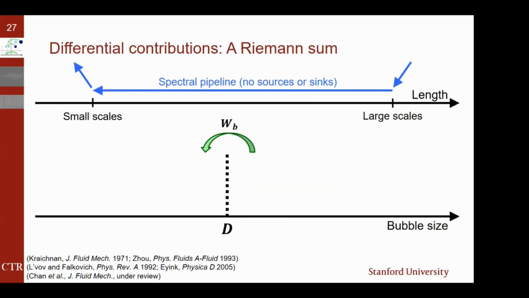So what we can do is decompose this flux into its differential contributions, into a Riemann sum. So going back to Calculus 101, we decompose WB as an integral over various bubble sizes. And we can perform this integral in two complementary ways.